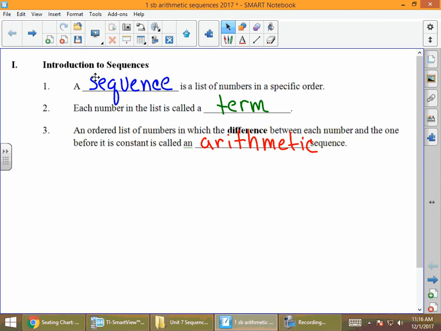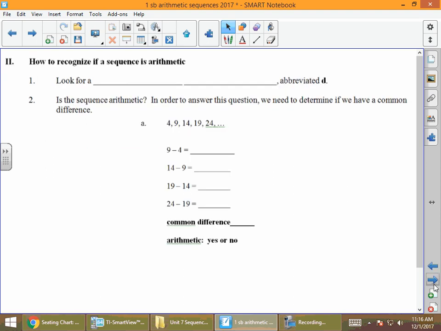So the thing is, difference here. I bolded that word. Let's talk about the difference, because we're going to try to recognize whether a sequence is arithmetic here in part 2. When we're looking to determine if a sequence is arithmetic, what we're looking for is what's called a common difference.